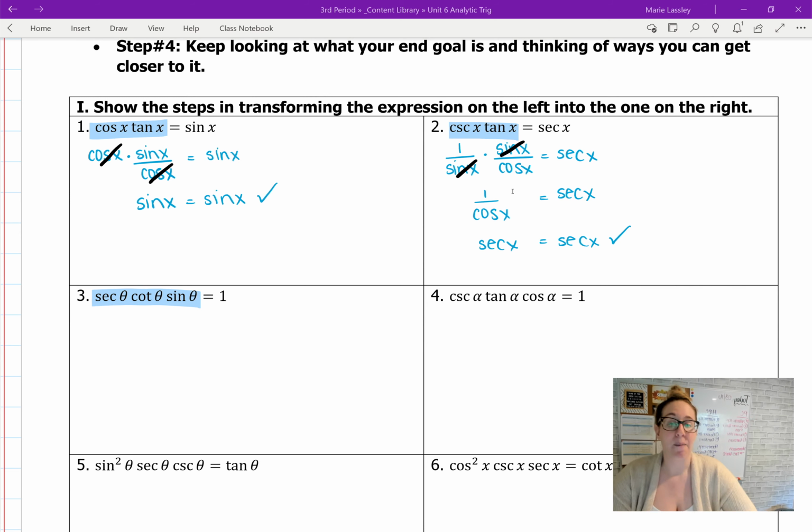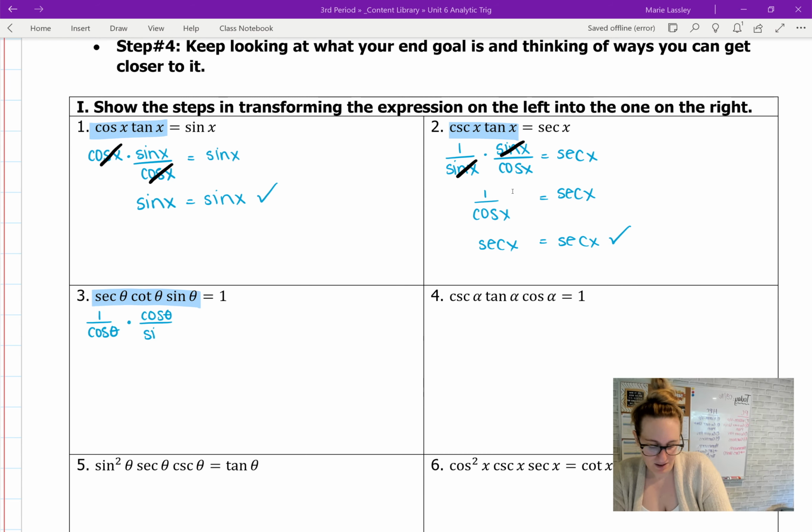Again, I'm going to rewrite everything so that it's in terms of sine and cosine. So secant is 1 over cosine. Cotangent is cosine over sine. And then sine is just already sine. And this needs to equal 1.